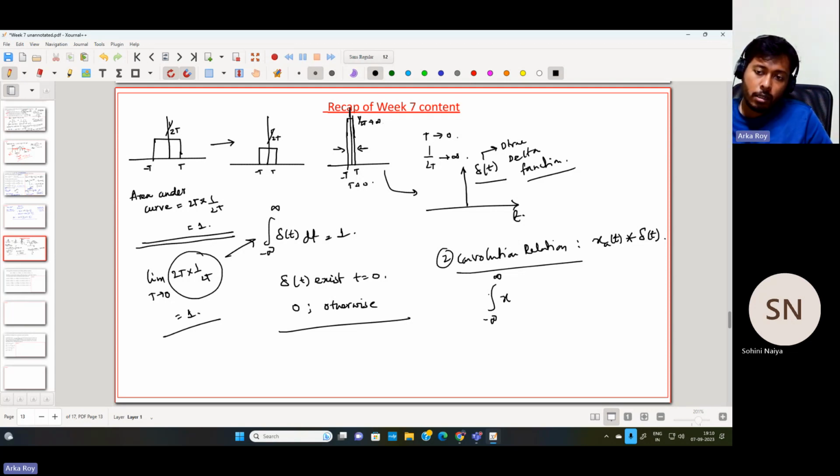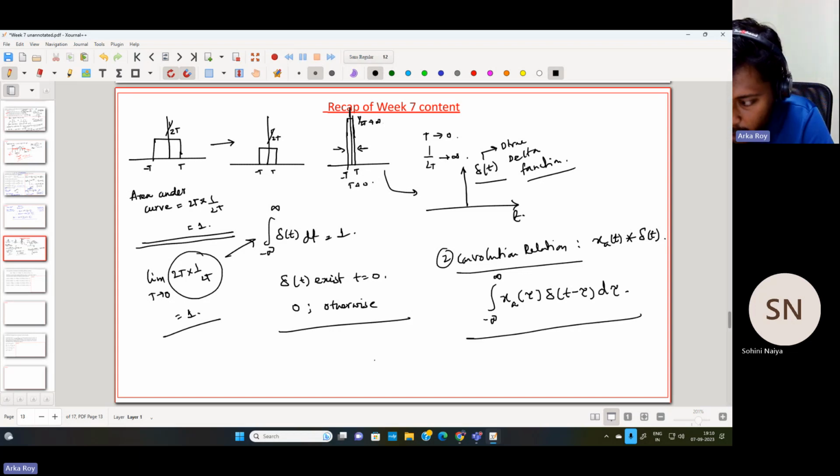Now, because we are dealing with the continuous time variable, instead of summation we'll be using the integral, from minus infinity to infinity, of xa tau delta t minus tau d tau. This is the convolution, and we have already seen that if I convolve xa t, any signal, with delta t, I will get xa t back.